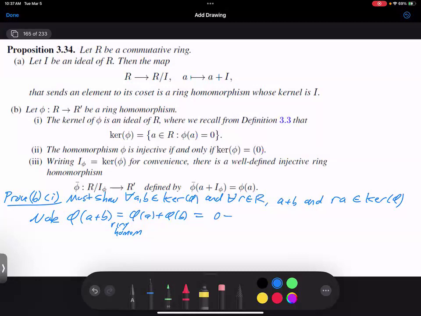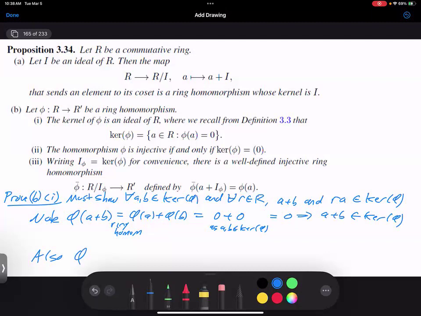So it's got to be 0 plus 0, as A, B are in the kernel of phi. 0 plus 0 is just 0, and that's in the kernel of phi. Therefore, A plus B is in the kernel of phi, because we just showed that A plus B is sent to 0. So now we need to do the next part.